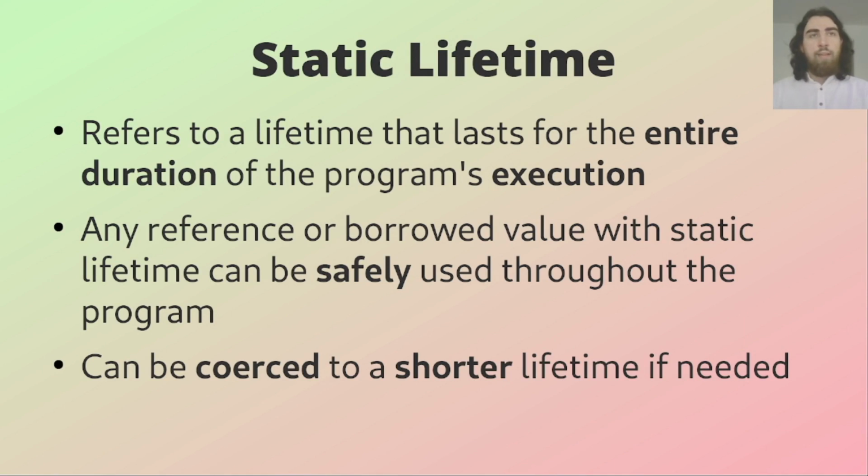Let's take a look at static lifetimes. So a static lifetime refers to a lifetime that lasts for the entire duration of the program's execution. Any reference or borrowed value with a static lifetime can be safely used throughout the program. And a static lifetime can be coerced to a shorter lifetime if needed.